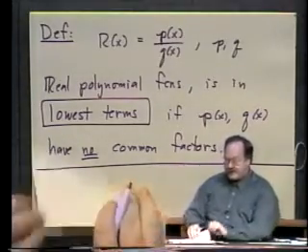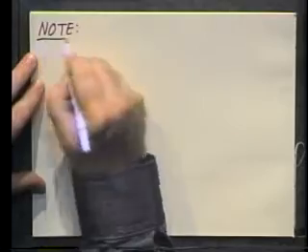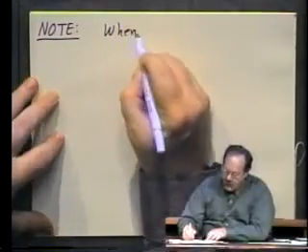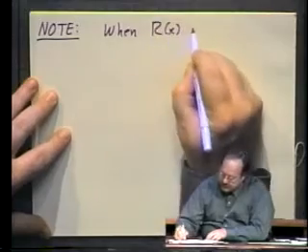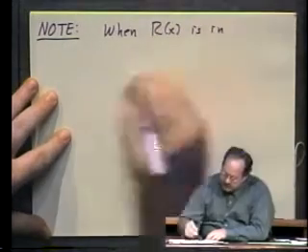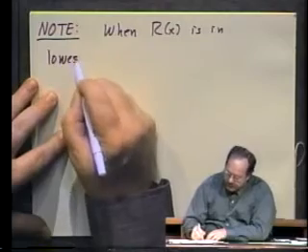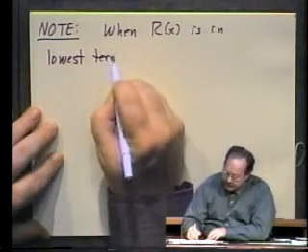Now, what's nice about that is, if you know that you have your polynomials top and bottom in lowest terms, when r of x is therefore in lowest terms, we get a very nice fact here.